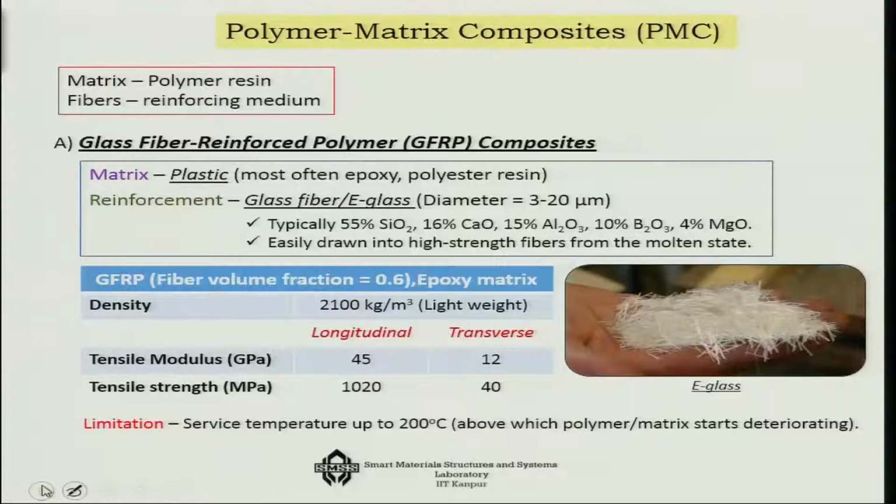So the first example of such composites is GFRP, that is glass fiber reinforced composites, and that name itself is telling us that the reinforcement is glass fiber. And when we talk about glass fiber, there are various types of glass fibers. There is in fact a glass fiber for electrical purposes, insulation, that was first discovered.